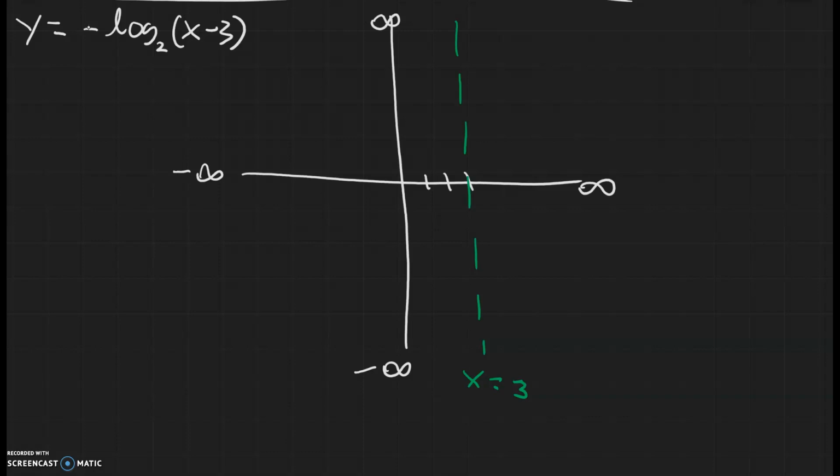I said that wrong at first. So the graph is going to look something like this. It's got a reflection over the x-axis. I think I said y at first, but it's actually the x-axis.